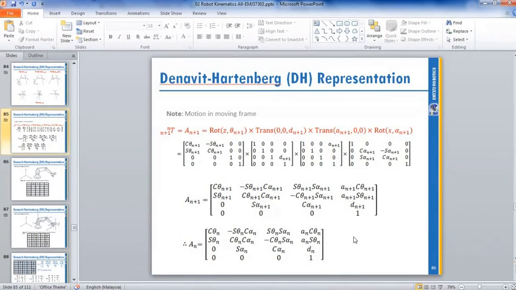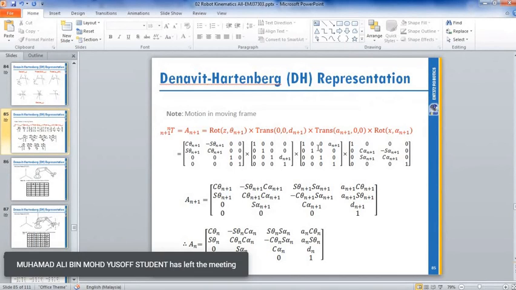This is specific for the robot that you have designed. If you change the length of the robotic arm, you need to recalculate all this back. Because if you change the length of your robotic arm, after you multiply everything, the value here is changed already.